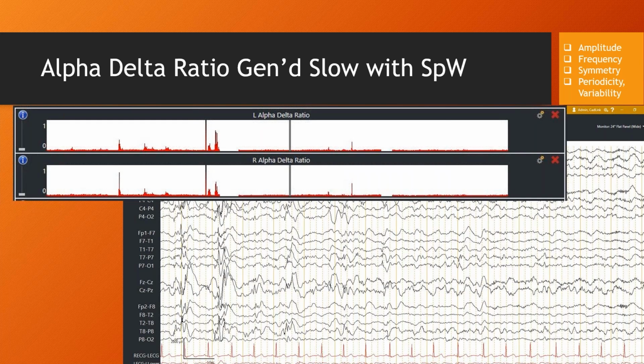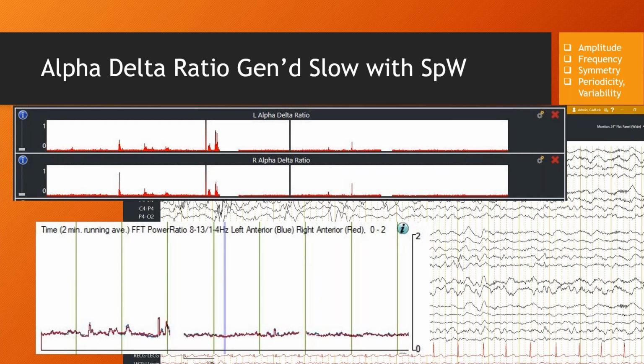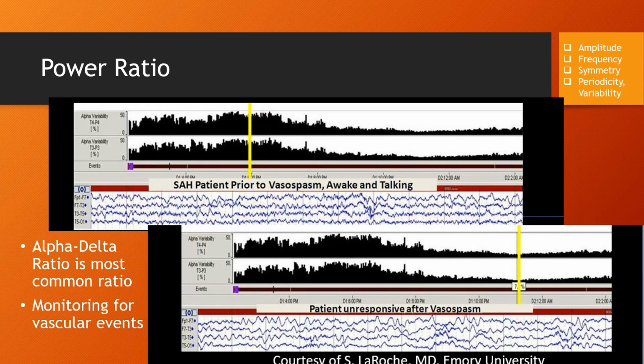And it is in fact symmetrical. It's symmetrically slow. We don't see a whole lot of variability except for these periodic episodes where we have the bursts of spike and wave. Similarly, if I do this with the persist alpha delta ratio, you'll see that we pretty much have the same peaks. Again, bar graph versus a line graph.